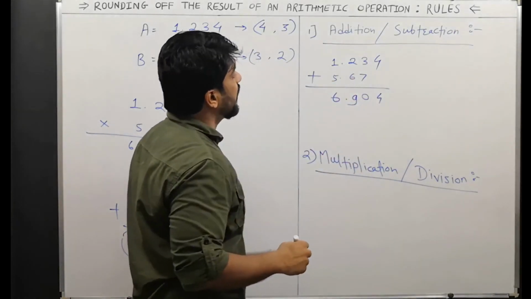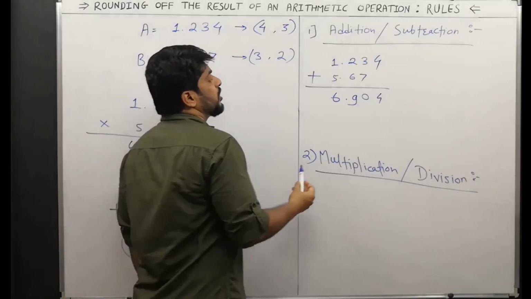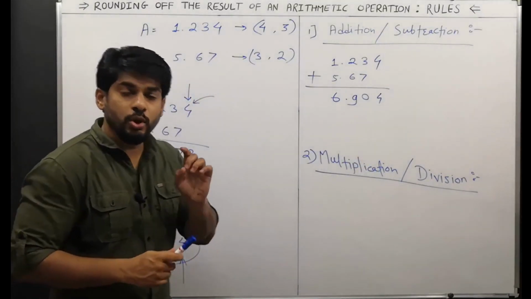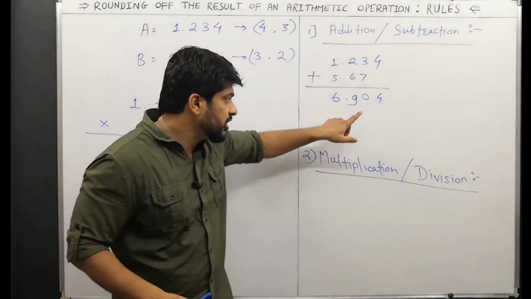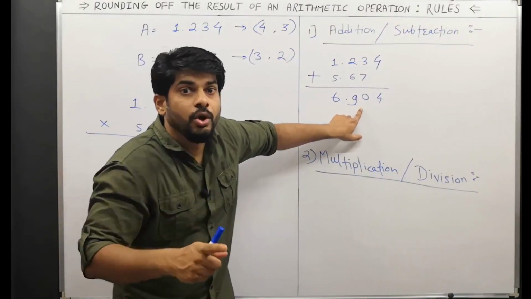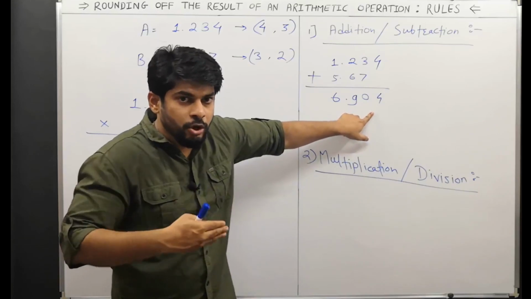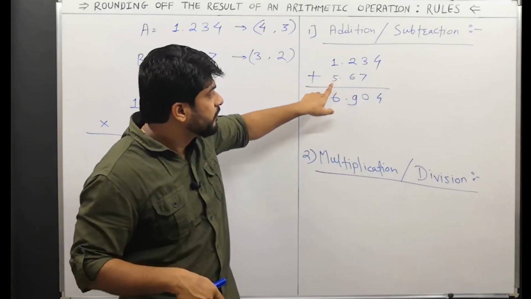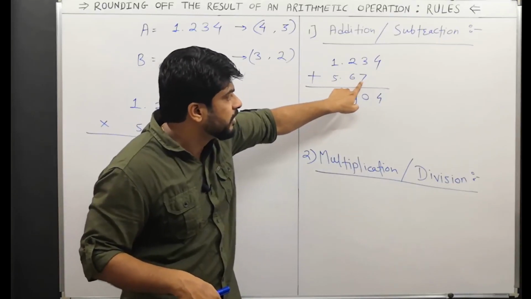That is our answer, right? Here you can see there are 3 decimal places. So the rule says that you should retain only as many decimal places as there are in the number with the least number of decimal places.